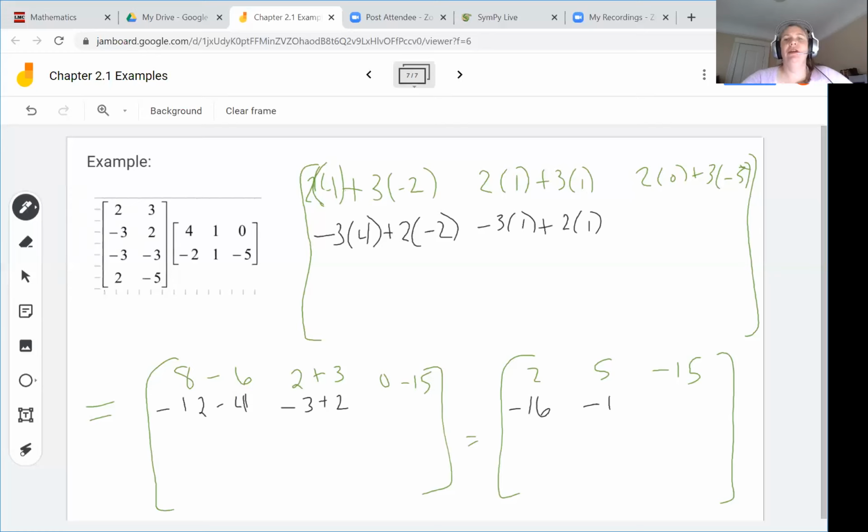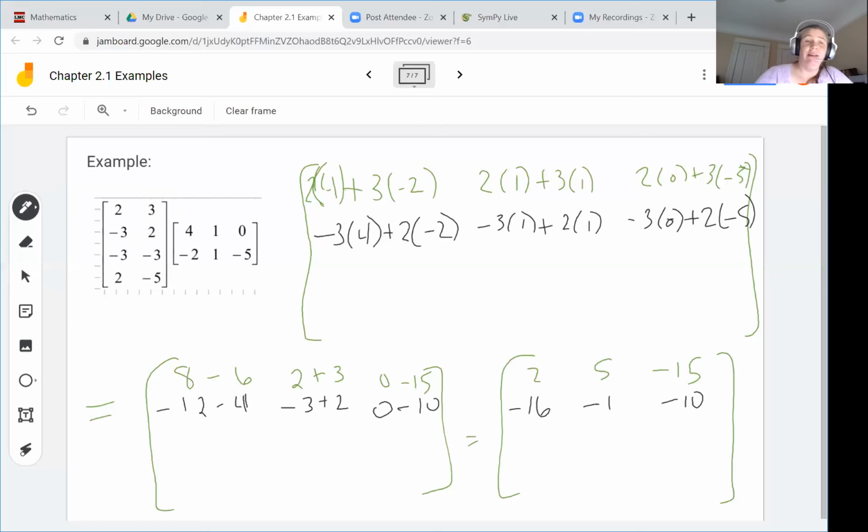Then our next calculation is -3 times 0 plus 2 times -5. And so that works out to be 0 minus 10 here. So we get a -10 over here.